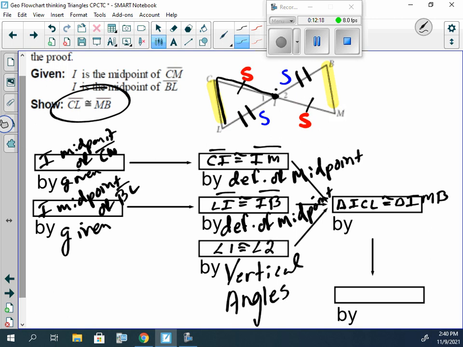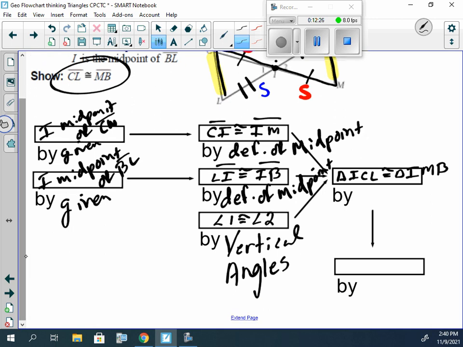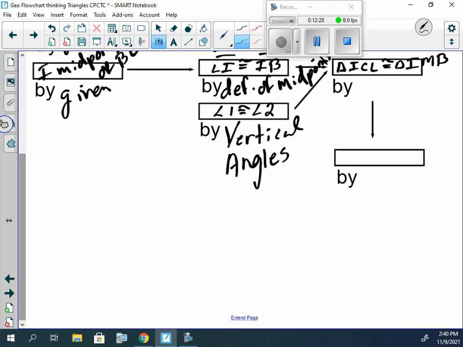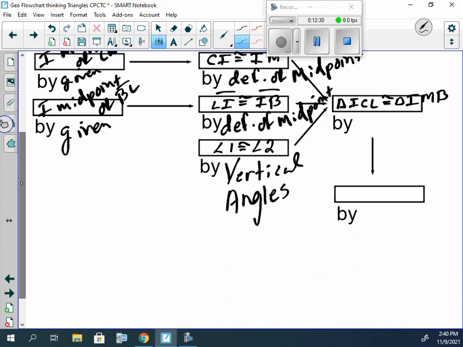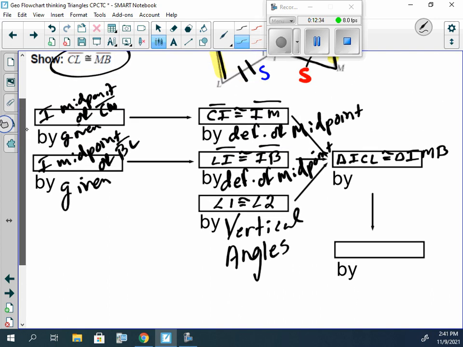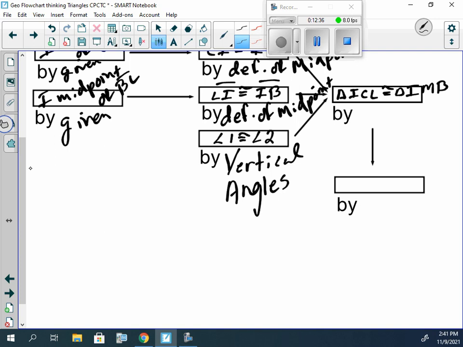So we would start at I along the side with 1. Now because we're able to say that the two triangles are congruent, the other set of sides, which was CL and MB, we can say that CL is congruent to MB by CPCTC.